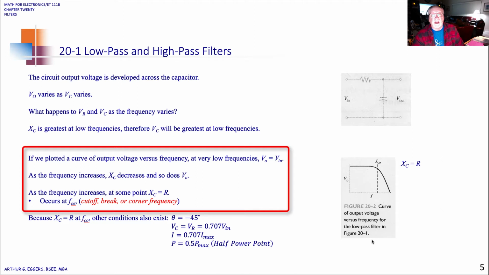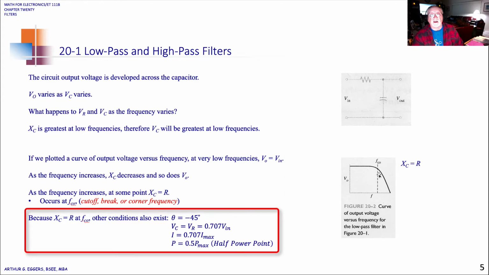Because X sub C is equal to the resistance at that cutoff frequency, we have other conditions that also exist. The first one is the phase angle. The phase angle is at 45 degrees, minus 45 degrees in this case.